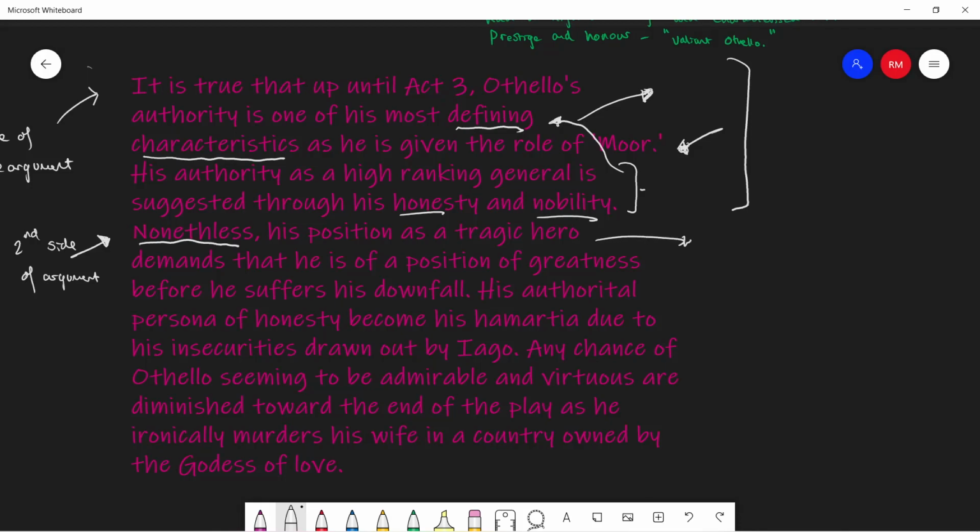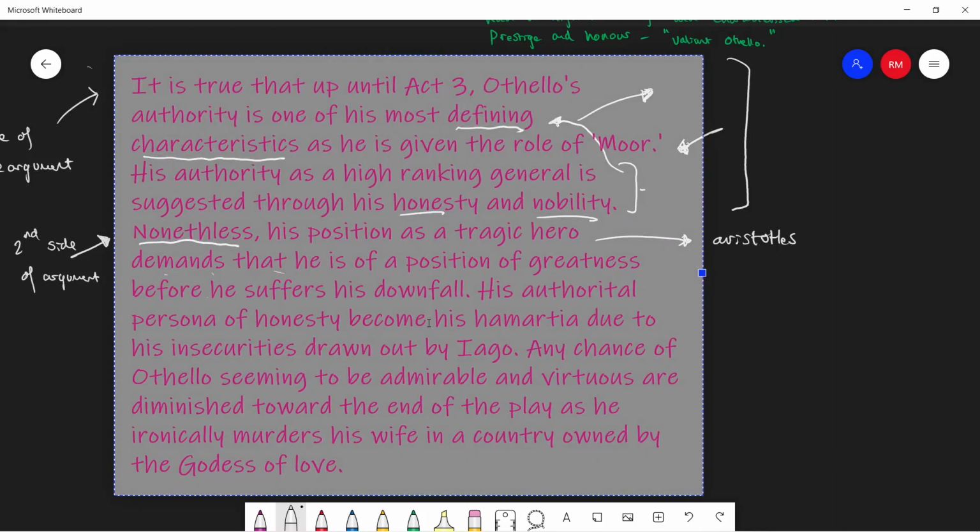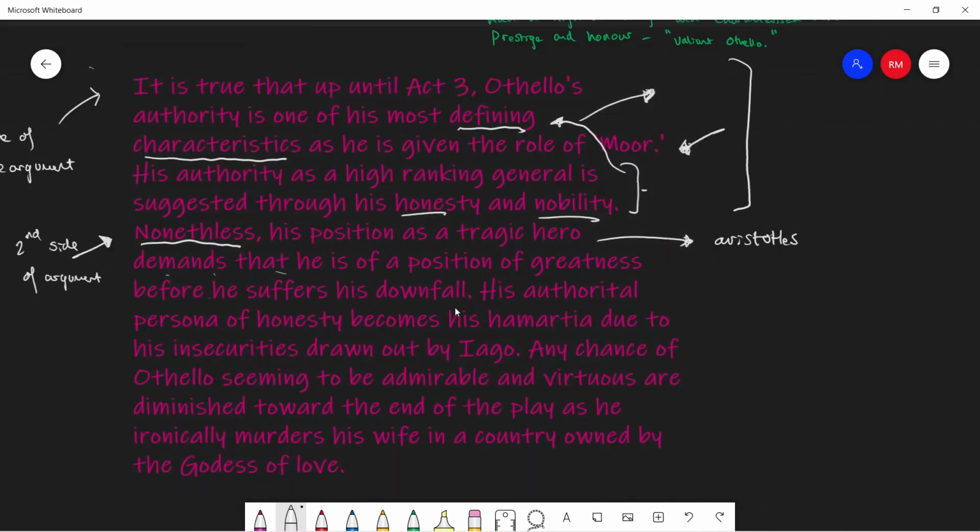Here we're relating to Aristotle's definition of a tragedy, and then we're explaining it: demands that he is of a position of greatness before he suffers his downfall. And then we're saying his authorial persona of honesty becomes his hamartia.